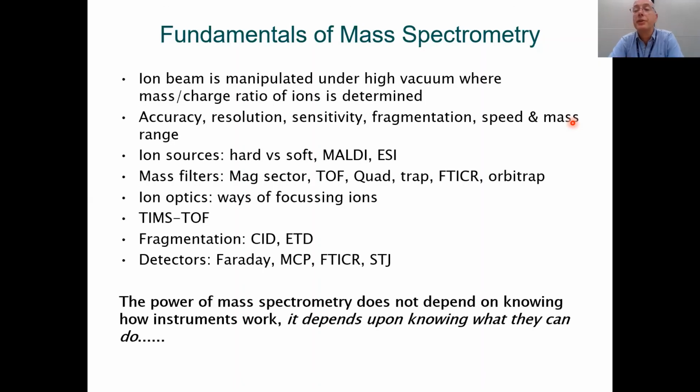Now I hope you've understood something about mass spectrometry from what I've said. However, if you've understood nothing, well, possibly it really doesn't matter, because the real power of mass spectrometry does not depend on knowing how instruments work. The real power of it is understanding what these instruments can do. And that's what I'm going to be talking about in the remainder of these training lectures.